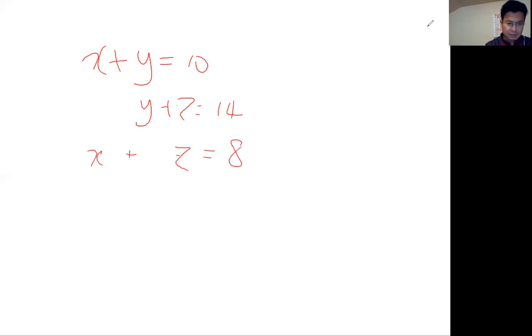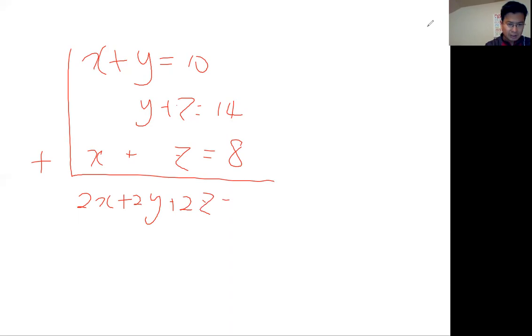If you have X plus Y equal to 10, Y plus Z equal to 14, and then X plus Z equal to 8, and you add all three together, you're going to see 2X plus 2Y plus 2Z equals 32.